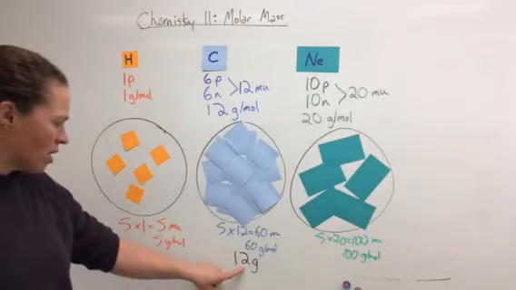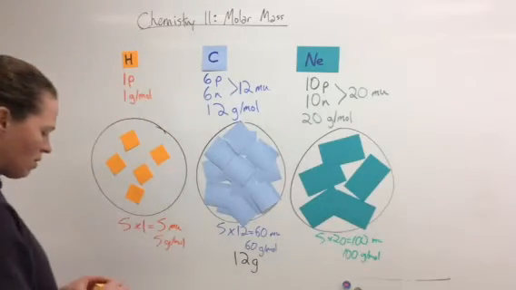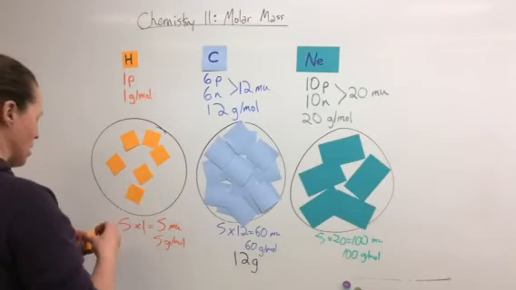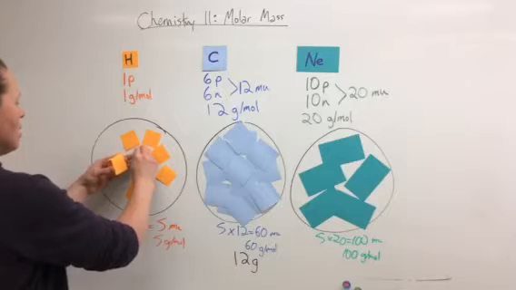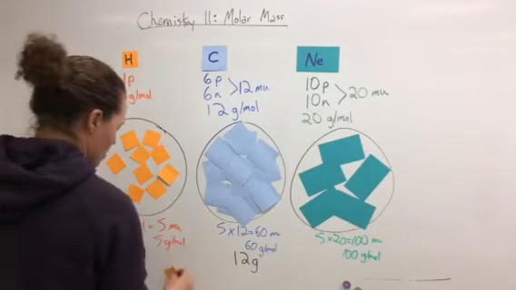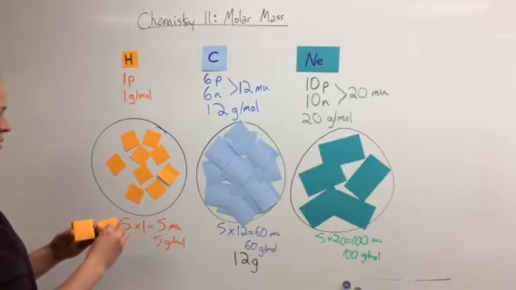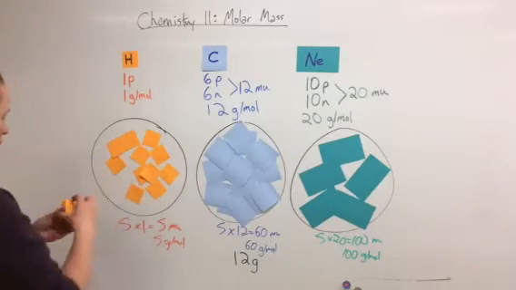Well, if this is 12 grams, then I would have to have the same number of these little guys in the same space. If I had the same number in the same space, then it's going to follow the same ratio.